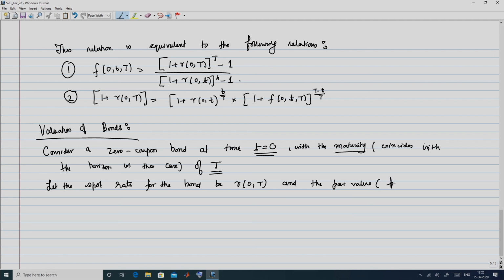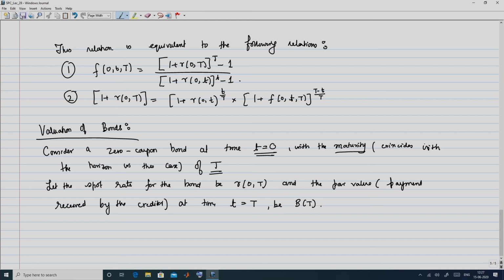Par value was basically the payment received at the end by the creditor. So, this par value at time t equal to capital T be denoted by B(T).